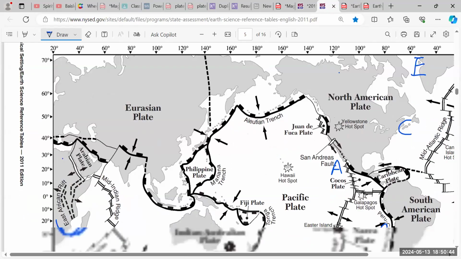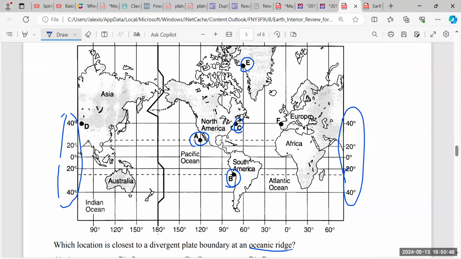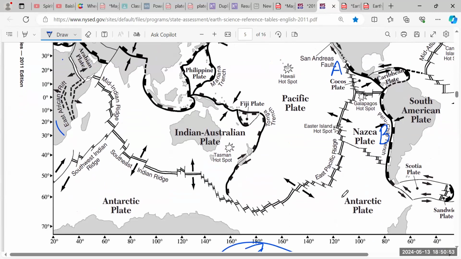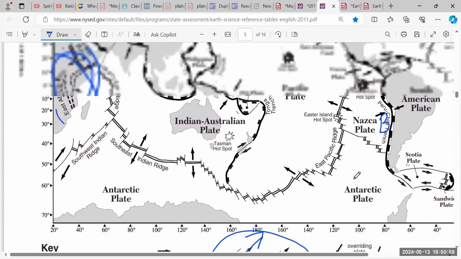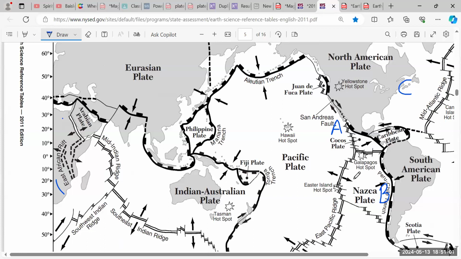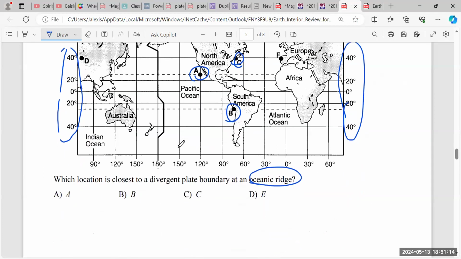So between A, B, C, and E, which one is close to an oceanic ridge, a mid-ocean ridge? And a mid-ocean ridge is going to be a divergent plate boundary, as seen here. And so it should have symbols like these. The one that's closest to this type of symbol is A. A is closest to the mid-ocean ridge. And so that's why the correct answer is choice A.